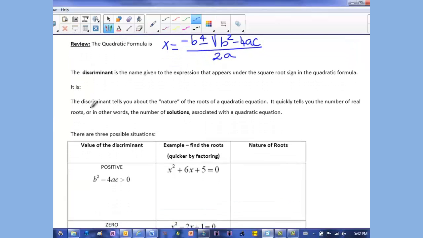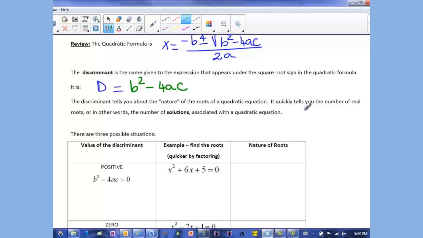The discriminant is the name given to the expression that appears under the square root sign in the quadratic formula. So the discriminant is D equals b squared minus 4ac.